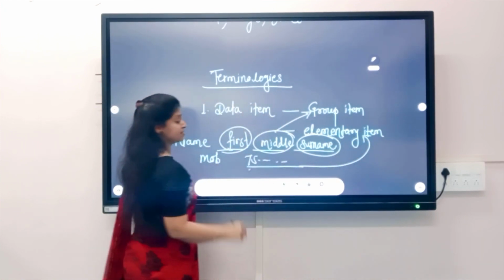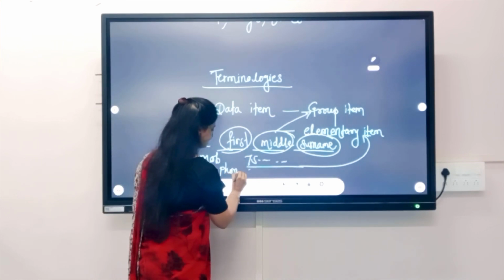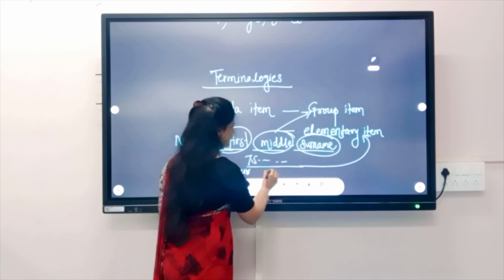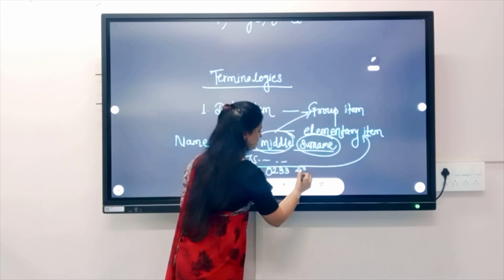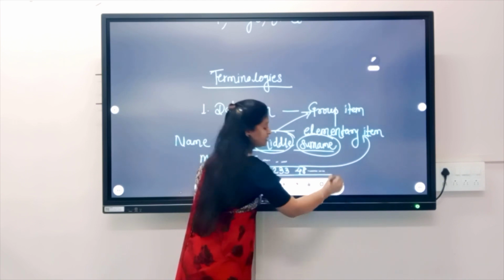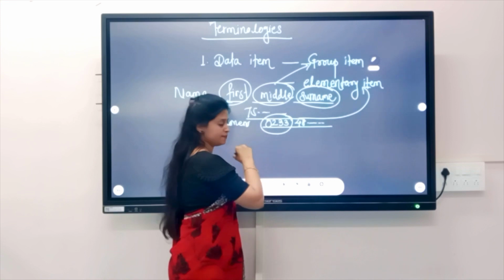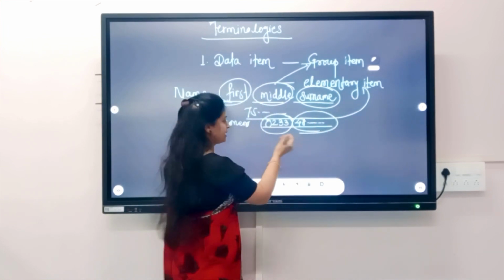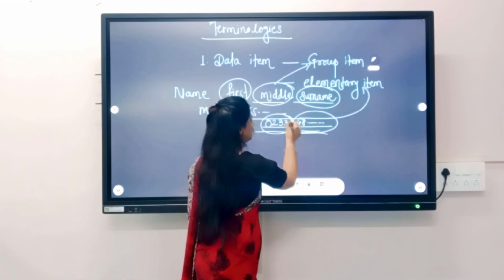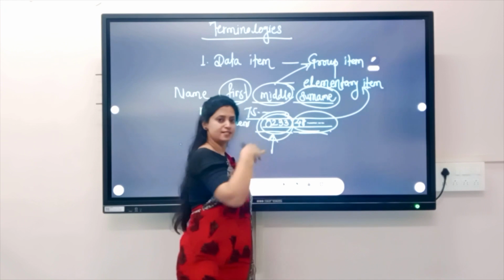Now in the same case, suppose I have a phone number like 0233, for example 48. In that case this is the code and this is the actual number. So again we can divide it, right? This part has its specific meaning, and this part has its specific meaning.